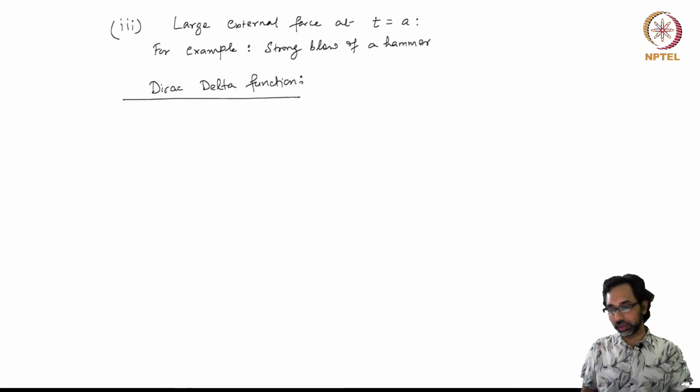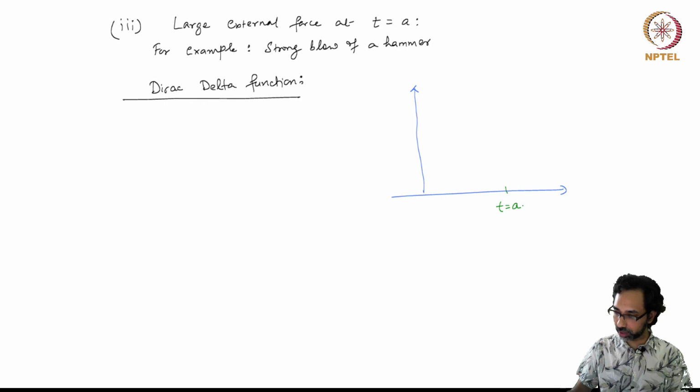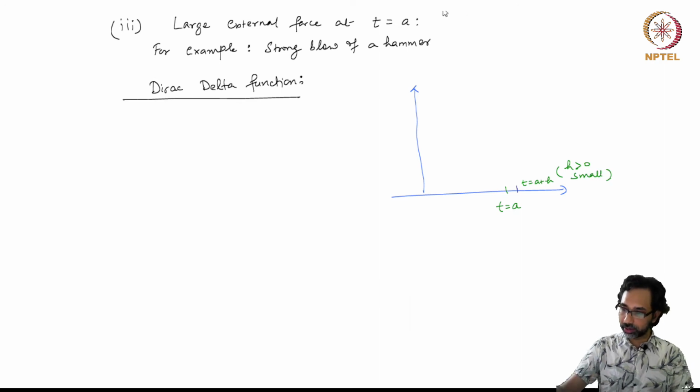So when we are talking about a large blow at t equal to a, we think of our force as acting from t equal to a to t equal to a plus h, for some h small and positive, and with the magnitude of this force proportional to 1 over h.